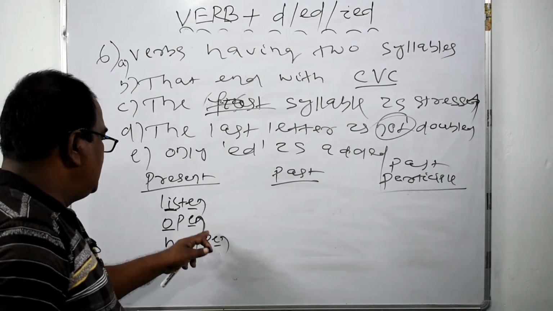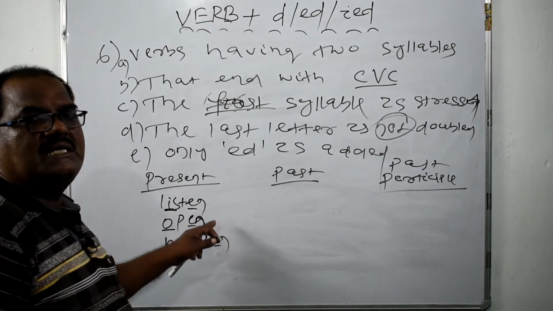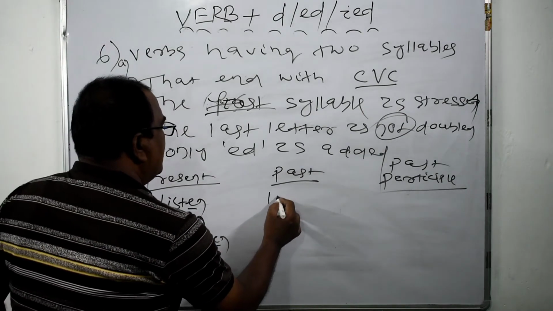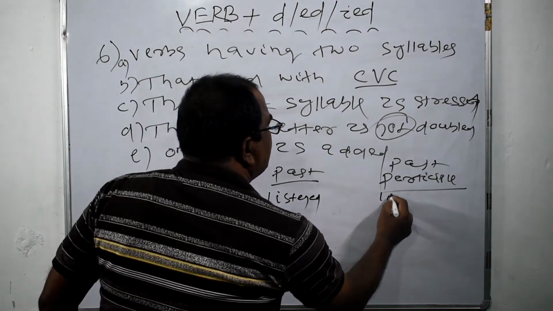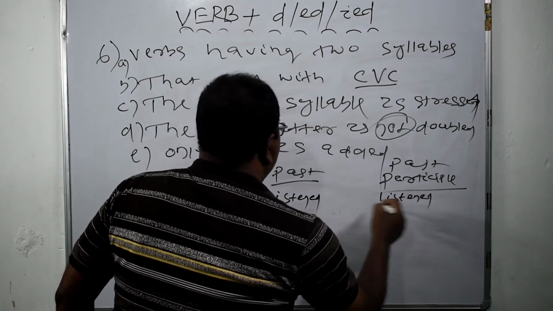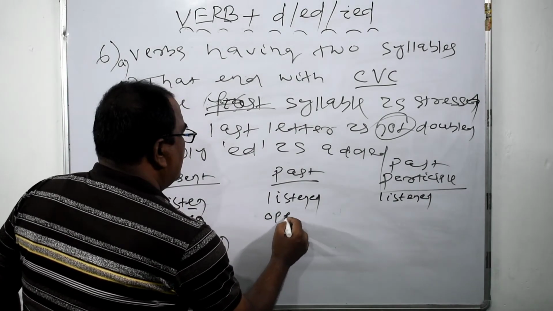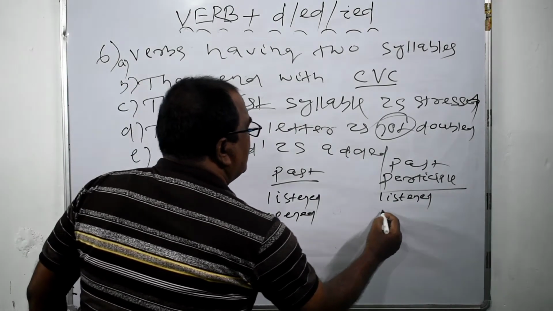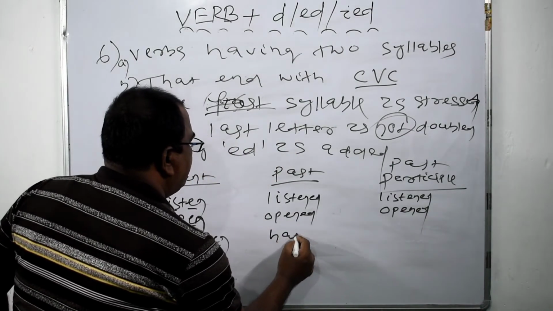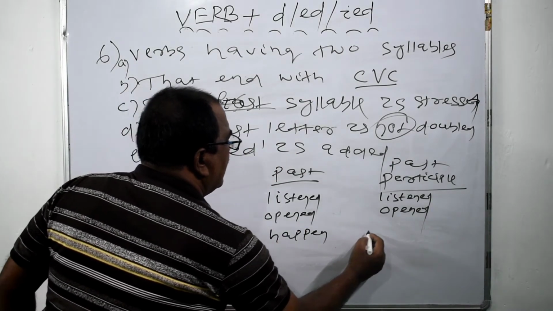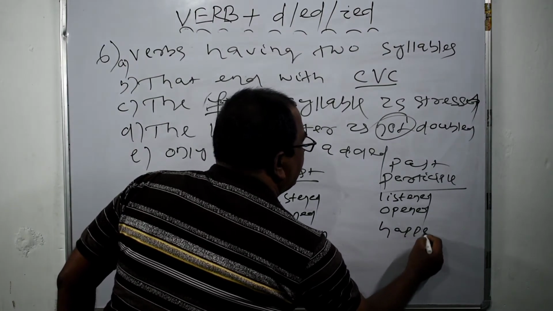The last consonant, the last letter, is not doubled. Therefore, only ed is added: listened. Open, opened, opened. Happen, happened.